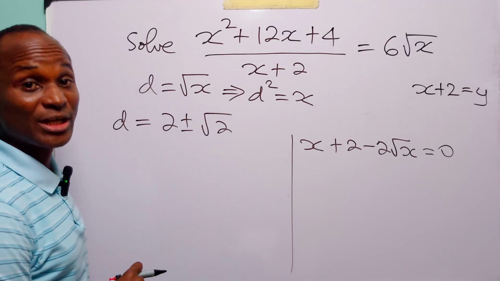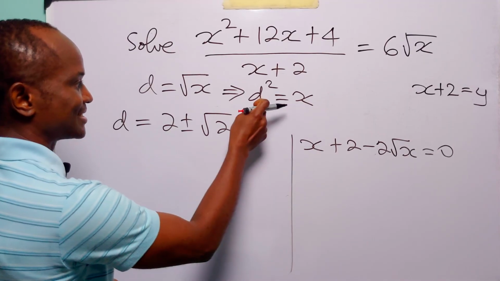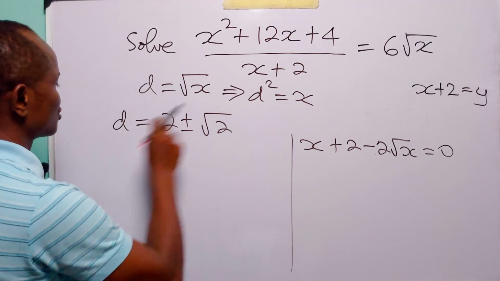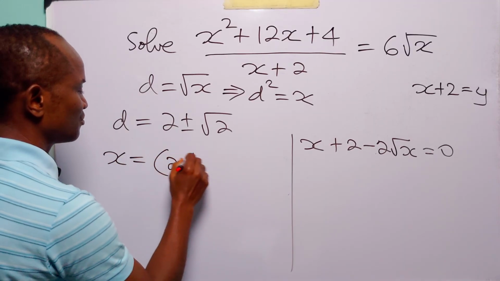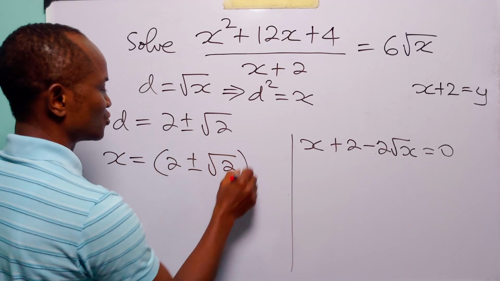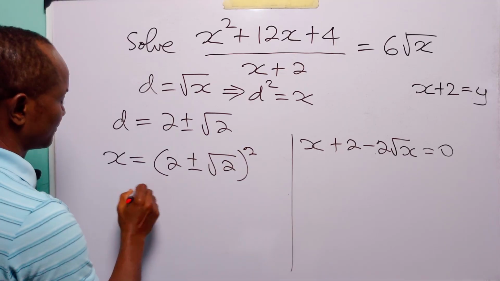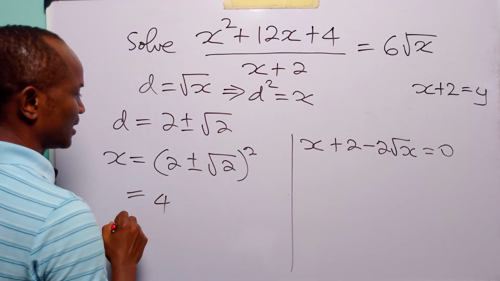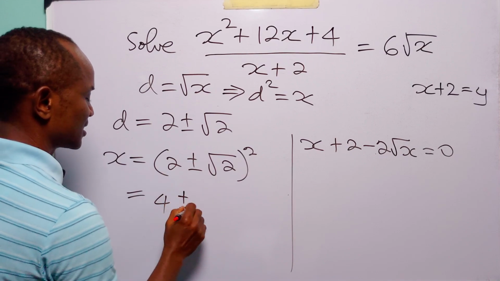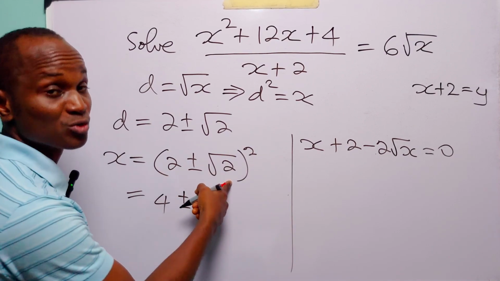But remember that we are looking for x, and x is equal to d squared. So x is equal to 2 plus or minus root 2 squared. This is 2 squared is 4, plus or minus 2 times 2 times root 2.